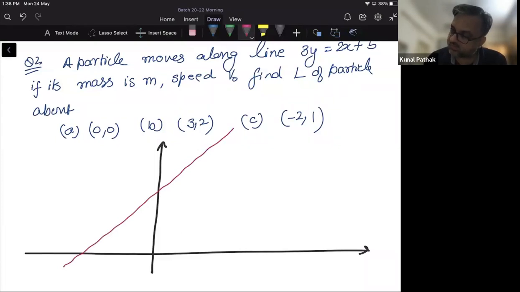And if I want to find from the origin, then I have to drop a perpendicular from the origin.